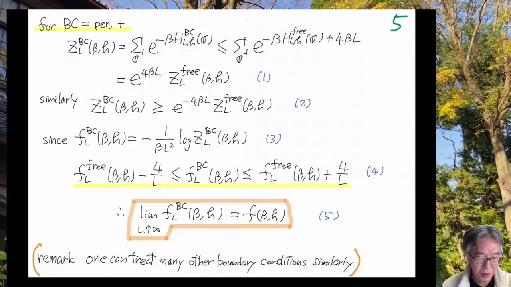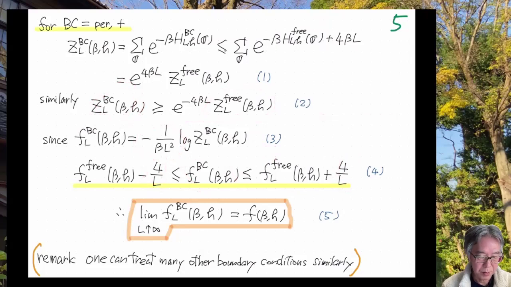Then you will find that the finite volume free energy for these boundary conditions is, for example, from here you see that it's upper bounded like this. Why? You take log and divide by this, so from here you get this, and from here when you take log you get minus 4 beta L, but you divide by this, so you get 4 over L, and same thing for here.